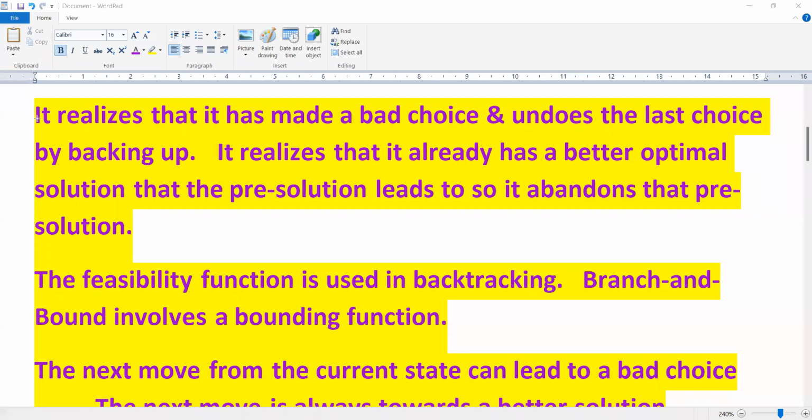In backtracking, it realizes that it has made a bad choice and undoes the last choice by backing up.